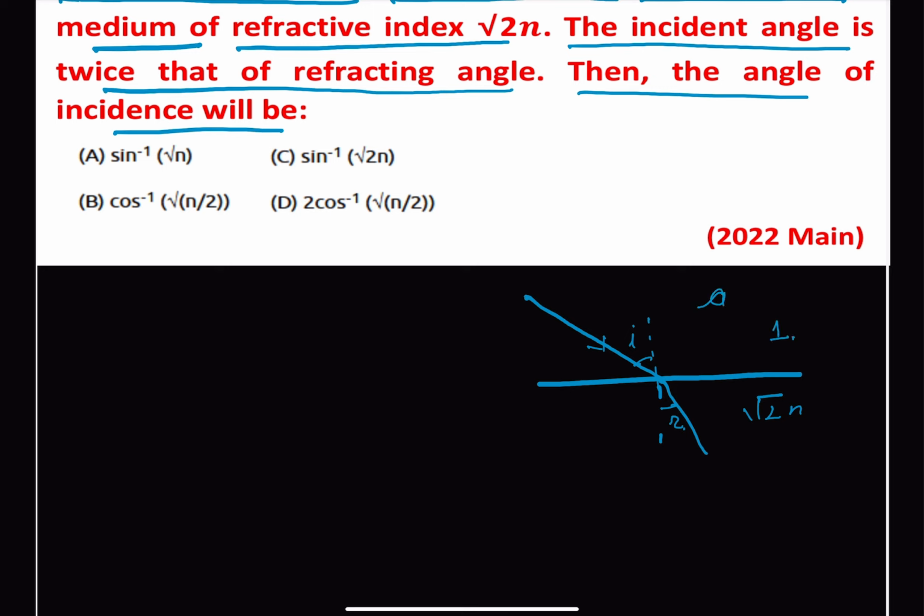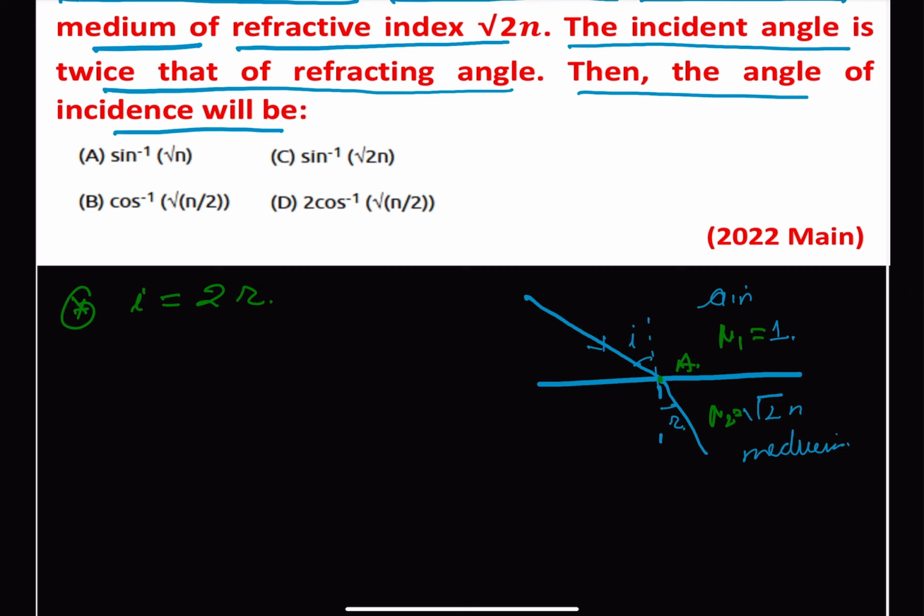So this is our air and this is our medium, and we are given that incident angle, that is I, is equal to twice of r, and let us suppose we have this as mu1 and this value is mu2, and this is point A.